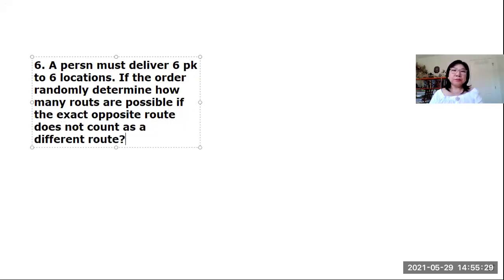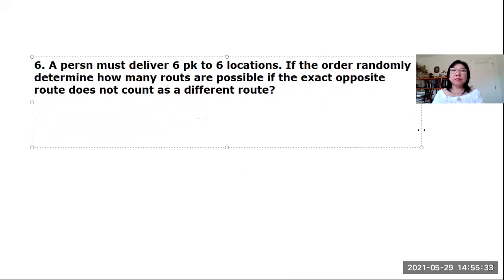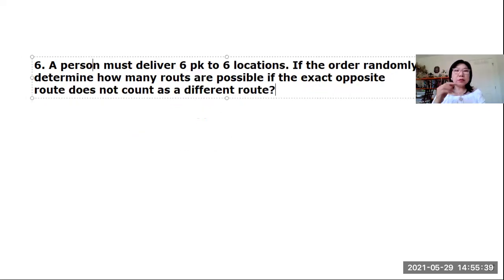So this is the question. A person, sorry for the misspelling, must deliver 6 packages to 6 locations. If the order is randomly determined, how many routes are possible, if the exact opposite route does not count as a different route.